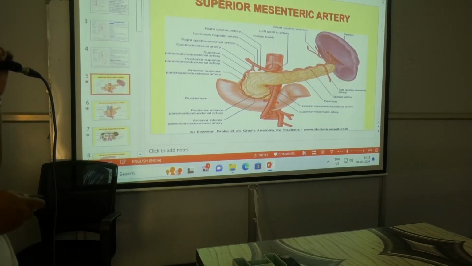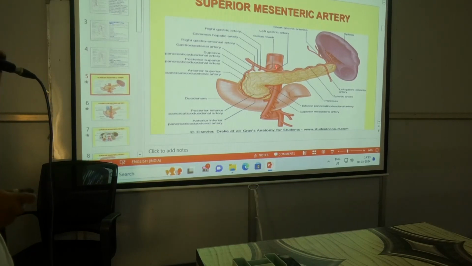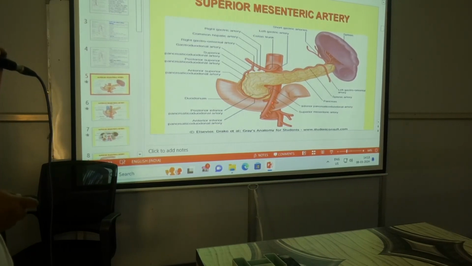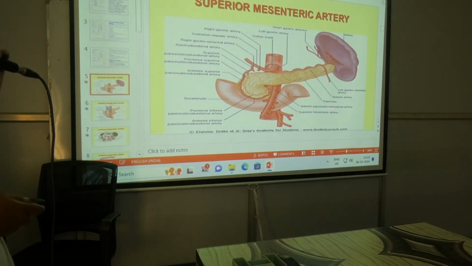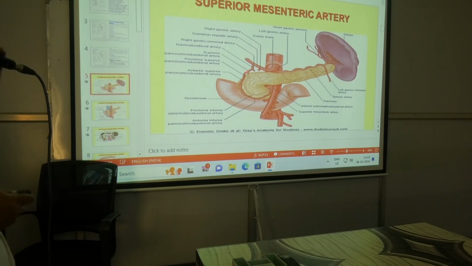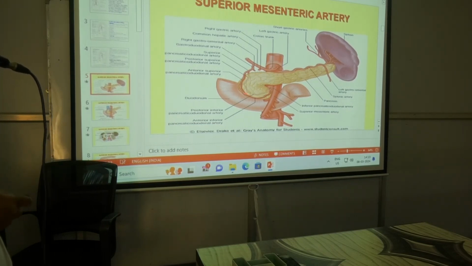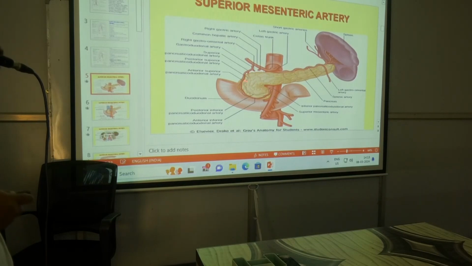And 1 centimeter below, just behind the body of pancreas at L1 level, the superior mesenteric artery is arising. Its first branch is the inferior pancreaticoduodenal. It is also dividing into anterior and posterior branches, anastomosing with the superior pancreaticoduodenal and supplying the head and uncinate process of the pancreas and the duodenum.